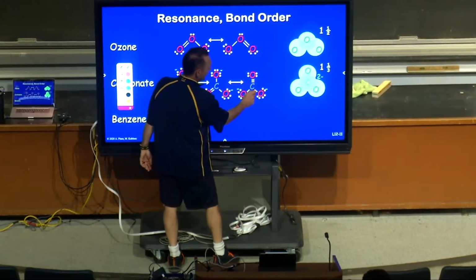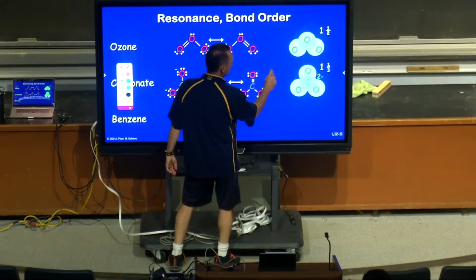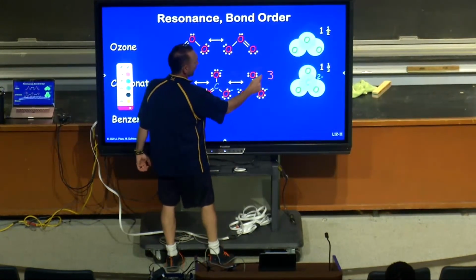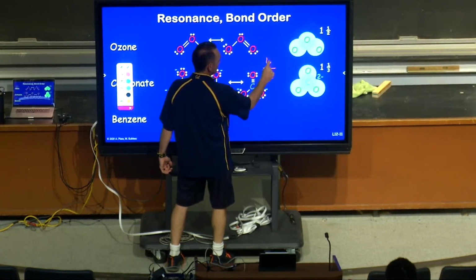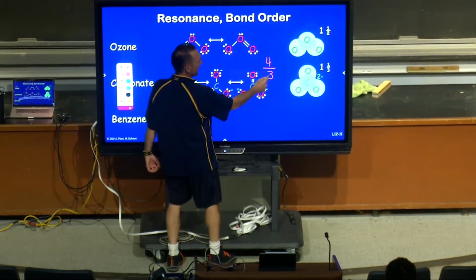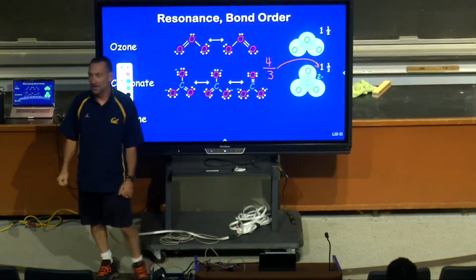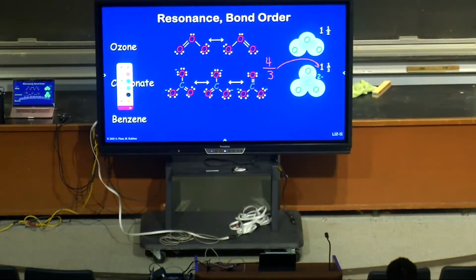You can put a bond here, here, or here, and you're going to use 1, 2, 3, 4 bonds to do that. So 4 bonds divided by 3 positions is a bond order of 1 1/3 for each one of them. Okay?